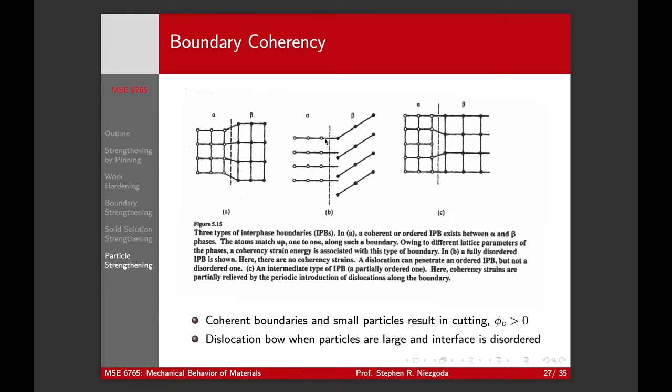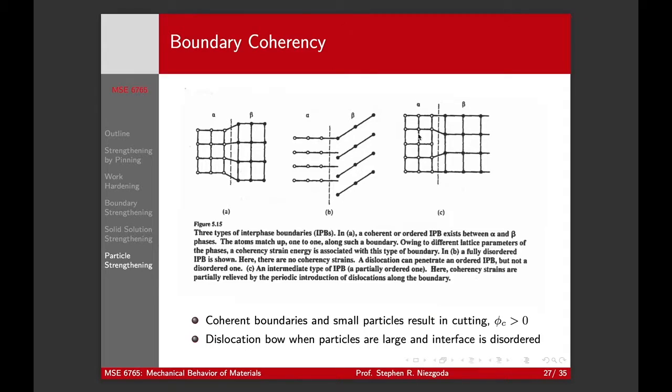interface where there is no pattern, there's no coherency strain because the atoms just don't match up. This is a really complicated structure. So dislocations can pass pretty easily through here, not so easily through here.